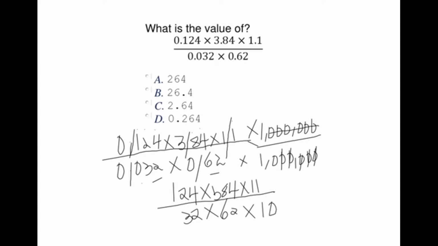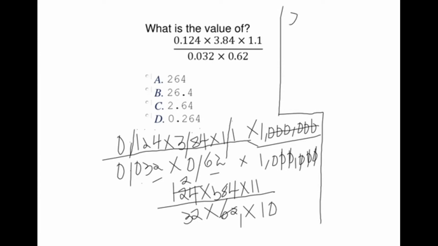From here we are going to simplify. First we know that 124 divided by 62 is 2. So by 62 is 1. Let me rewrite the question.